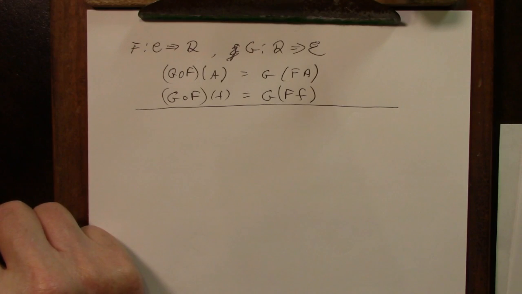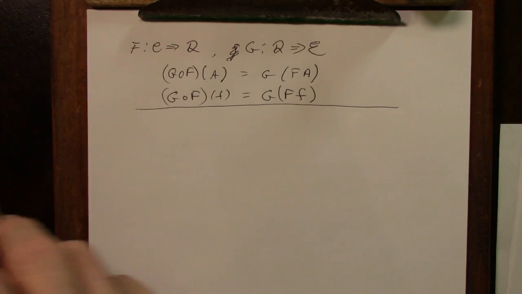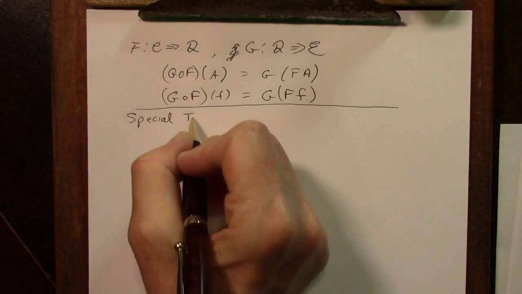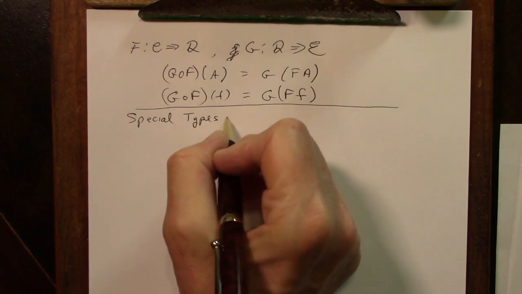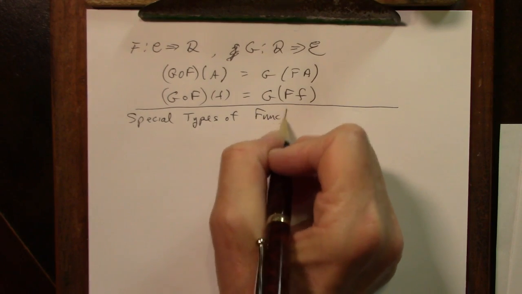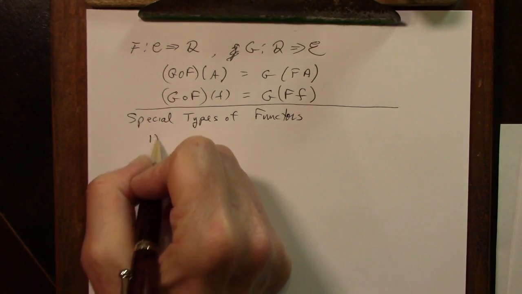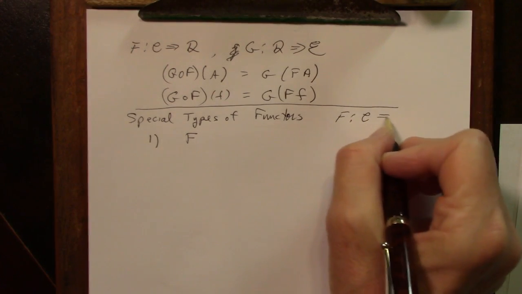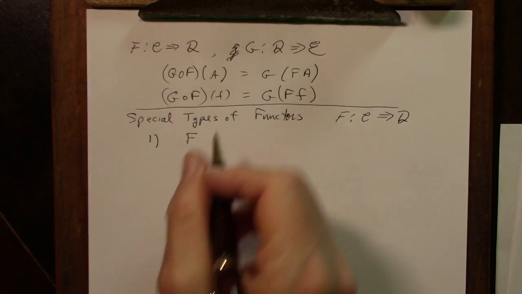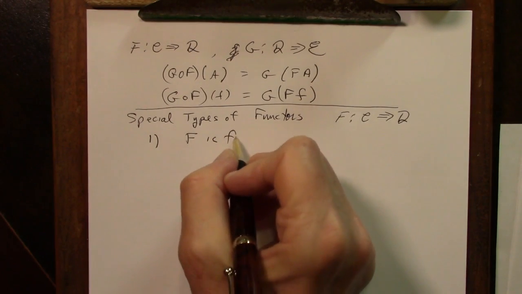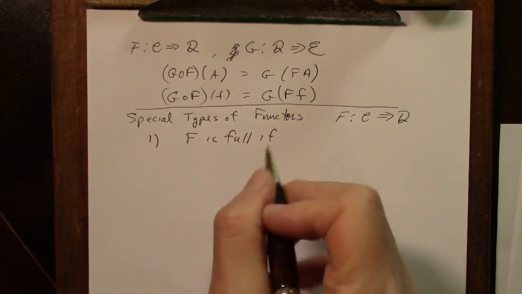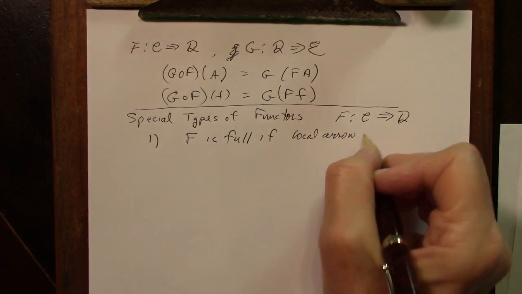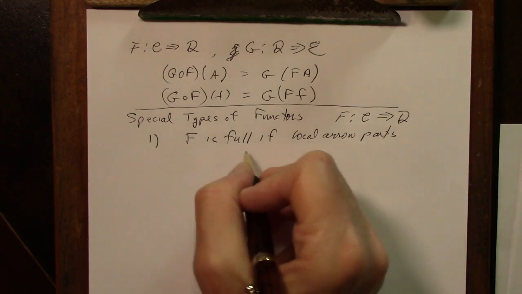There are some special types of functors. First, let's say F is a functor from C to D. F is called full if the local arrow parts, that's all of them, are surjective.